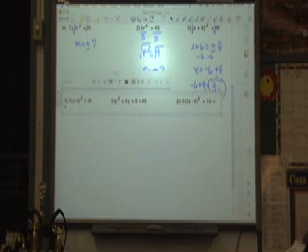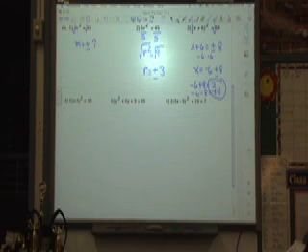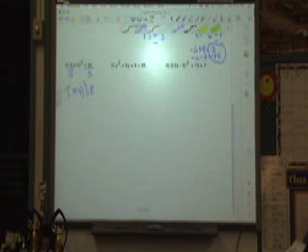Example number 4. The perfect square is not isolated, so divide by 5, and I get x minus 4 quantity squared equals 8. Take the square root of both sides, and I get x minus 4 equals plus or minus radical 8.